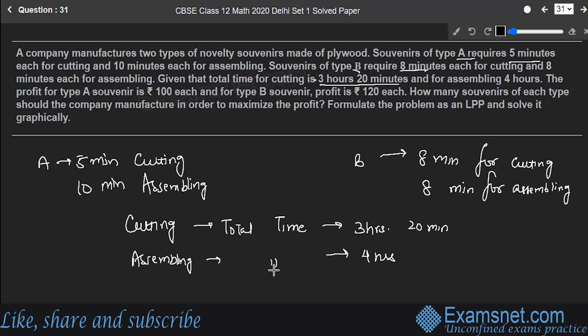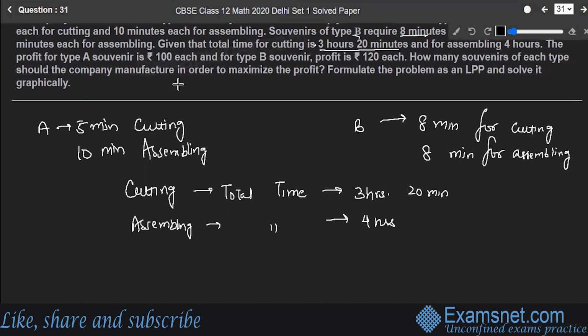The profit for type A souvenir is rupees 100 each, and for type B is rupees 120 each. How many souvenirs of each type should the company manufacture in order to maximize the profit? Formulate the problem as an LPP and solve it graphically.